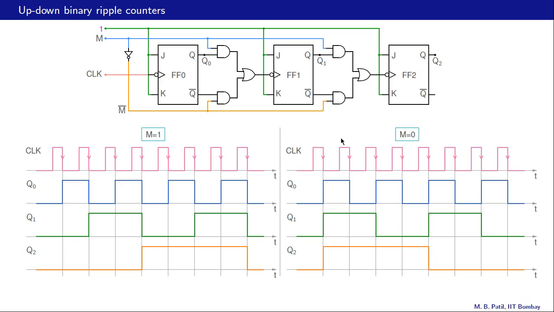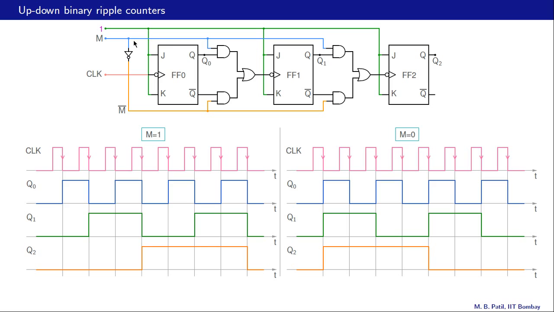Let us now consider the case that M is 0. If M is 0, M bar is 1, of course. The output of this AND gate is simply Q bar of FF0.